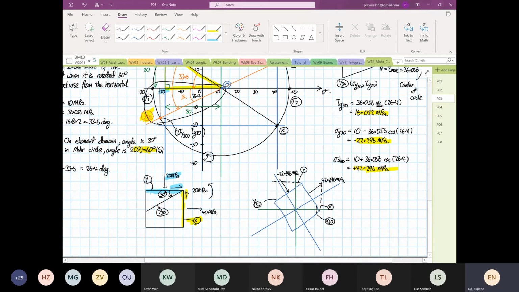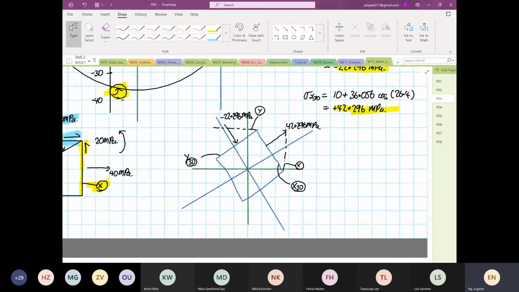Now, if you look at y30, the element has to rotate in which direction? Anti-clockwise, right? So for the element at y30 to rotate anti-clockwise, the arrow has to go the top one or the bottom one relative to the element.